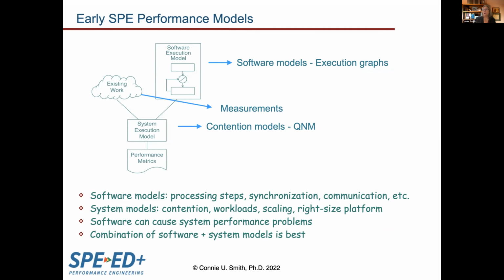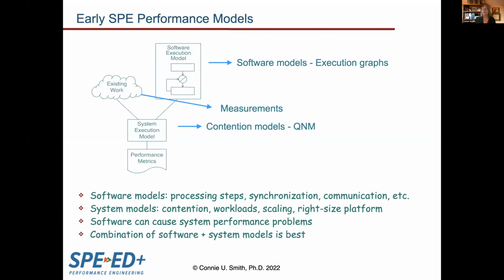If your result was that things look good, then you went on to build contention models, and those were queuing network models that would quantify the performance of your new software that you wanted to deploy up in this software execution model.